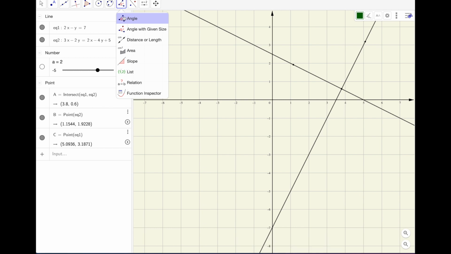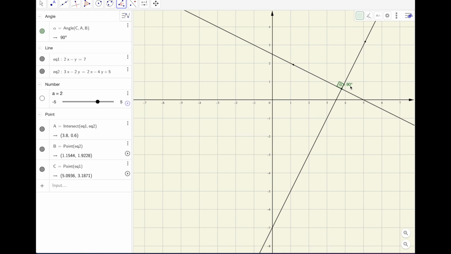The middle one should be traced in the middle. So for example, I start from here and then go here and then go here. So you see, at least if we can trust GeoGebra's calculations, this angle is 90 degrees.